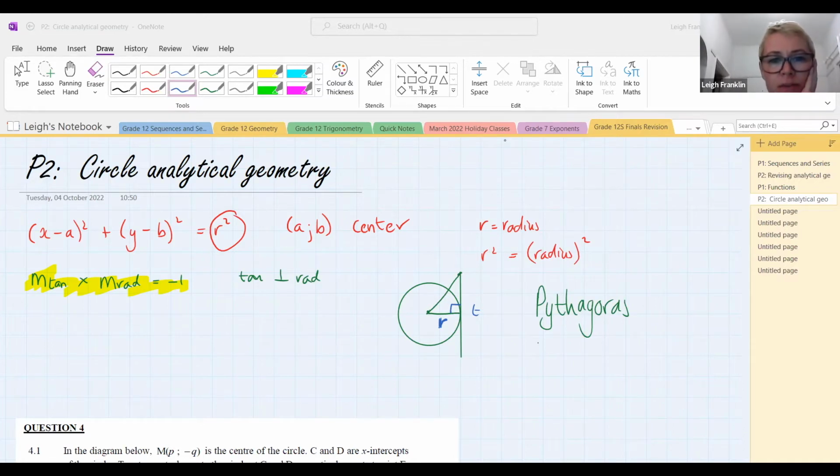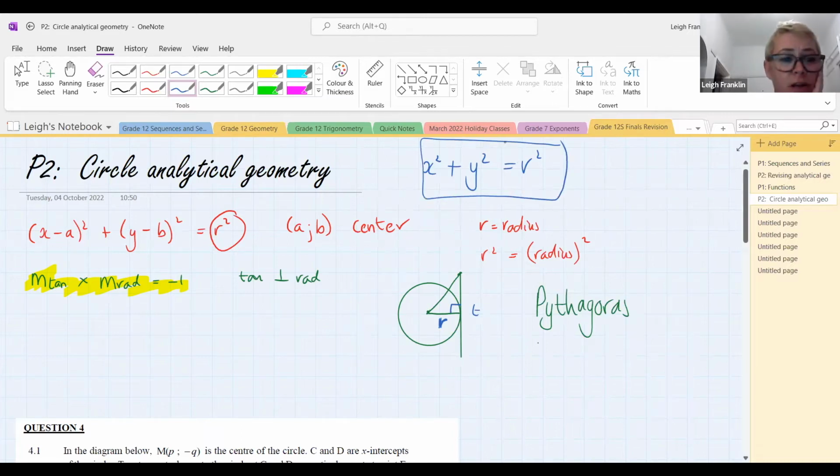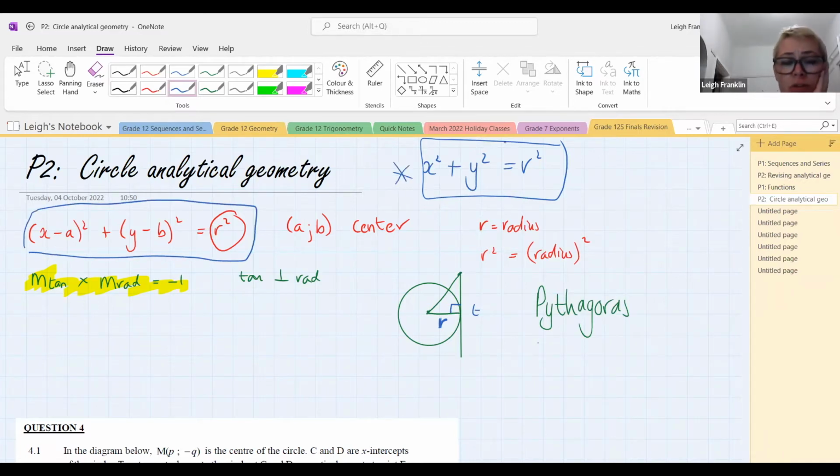Okay, so it takes the form, there we go, thank you, x² + y² = r². So that is the circle if it is centered at the origin. The focus of our study in metric is this, but every now and again, we sometimes have to work with these as well. So that's really important.